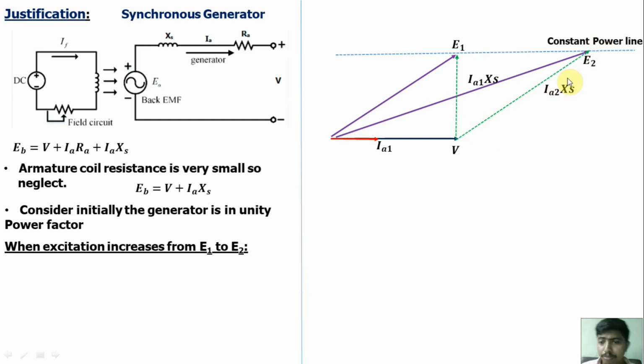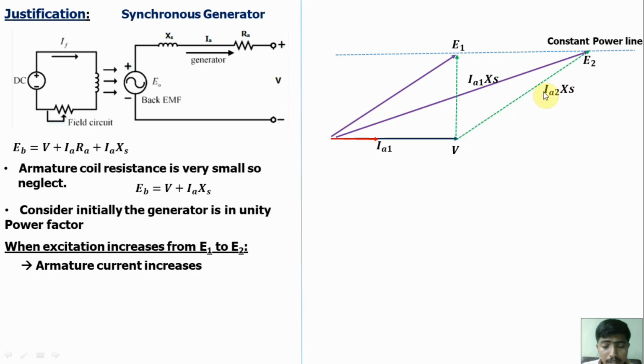Compare the lengths: IA1 XS is smaller than IA2 XS. It means IA1 is smaller than IA2, so when the excitation increases, the armature current increases.